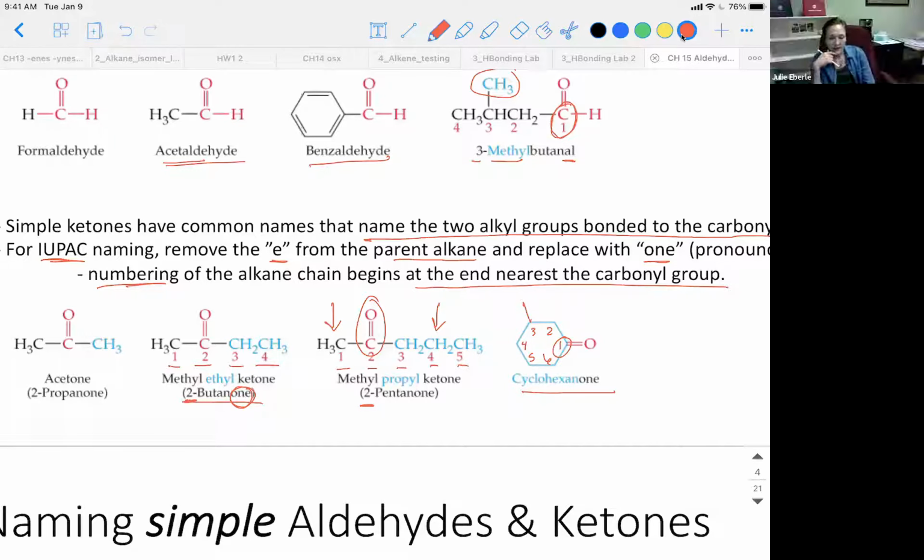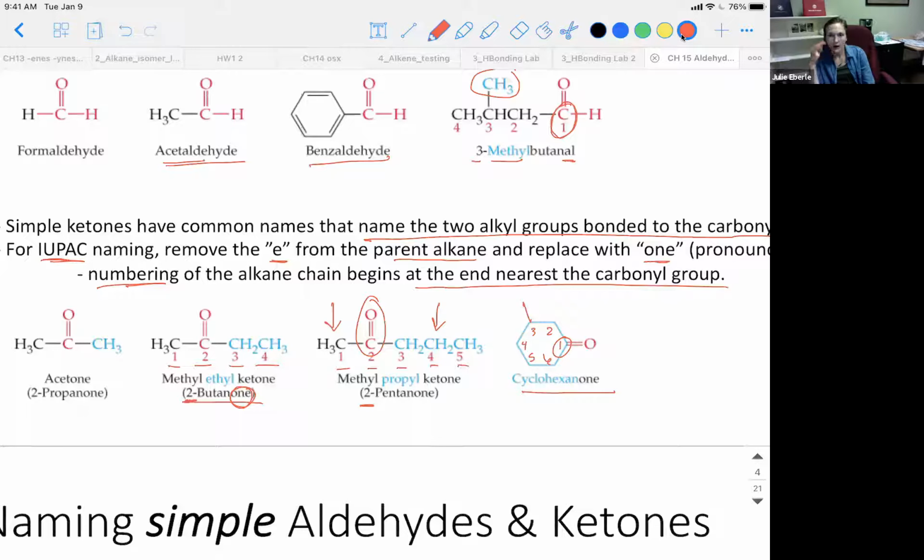So, yeah, that does look confusing. Since you guys are so used to practicing putting things in alphabetical order, that's what I would do. I'm not going to count you wrong if you told me that was ethyl methyl ketone. I would absolutely accept that. There's not a rule anywhere saying that you have to name the left side and the right side, but that looks like what they're doing.